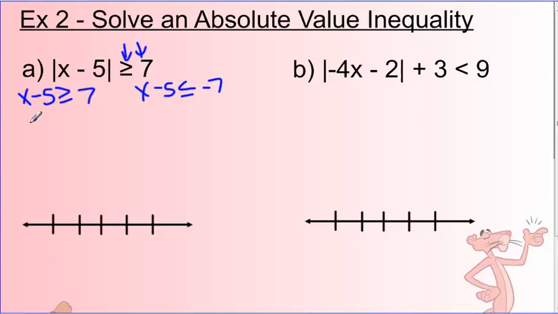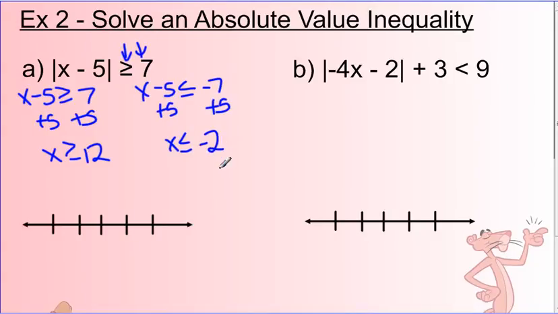Solve each of them. So you add 5 here and here. X is greater than or equal to 12. Add 5 here and here. X is less than or equal to negative 2. So we have a scale issue we've got to deal with. We've got to count from 12 to negative 2. So you've got to figure out what you're going to count by to get from there to there.